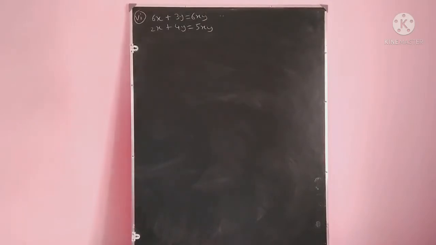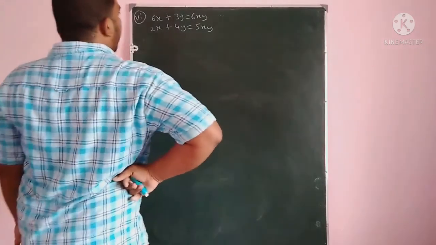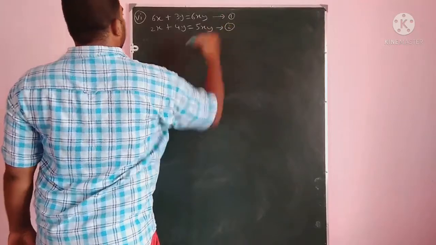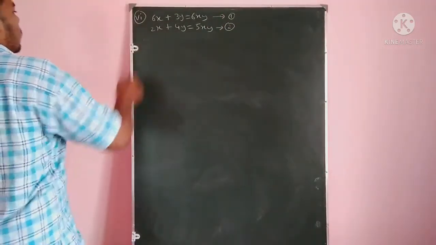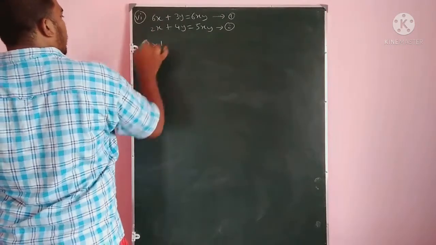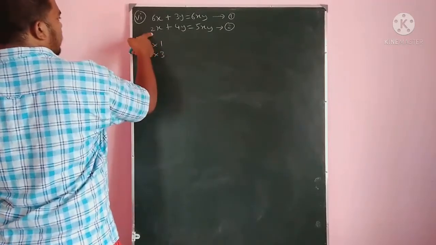Sixth question, given 6x plus 3y is equal to 6xy, 2x plus 4y is equal to 5xy. Let it be equation 1 and equation 2. So here I want to eliminate this x term, so equation 1 can be multiplied with 1 only. Equation 2, if I multiply with 3, I will get 6x here.